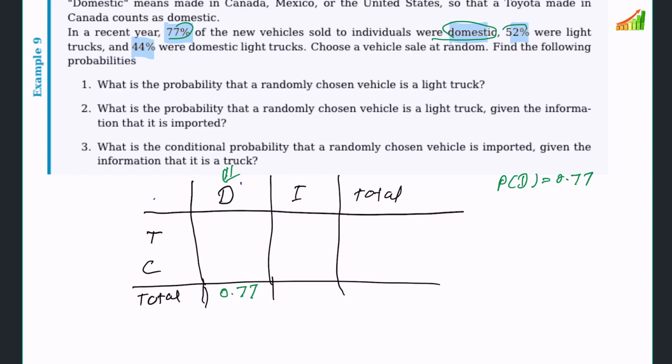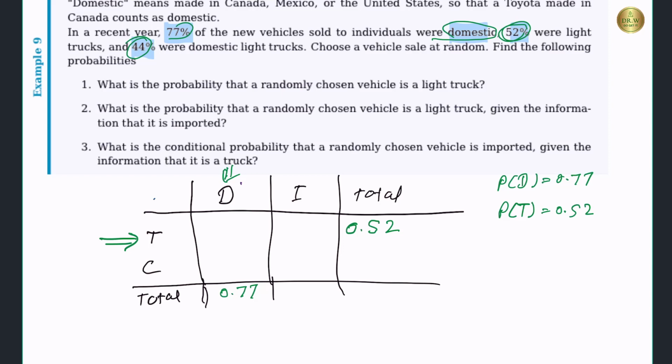Next one, 52% were light trucks. So total truck is 0.52 probability. Let me write down, probability of truck is 0.52. So total of the truck is here. Therefore, this is 0.52. Then 44% were domestic light trucks. How do we fill this one? Domestic light trucks.